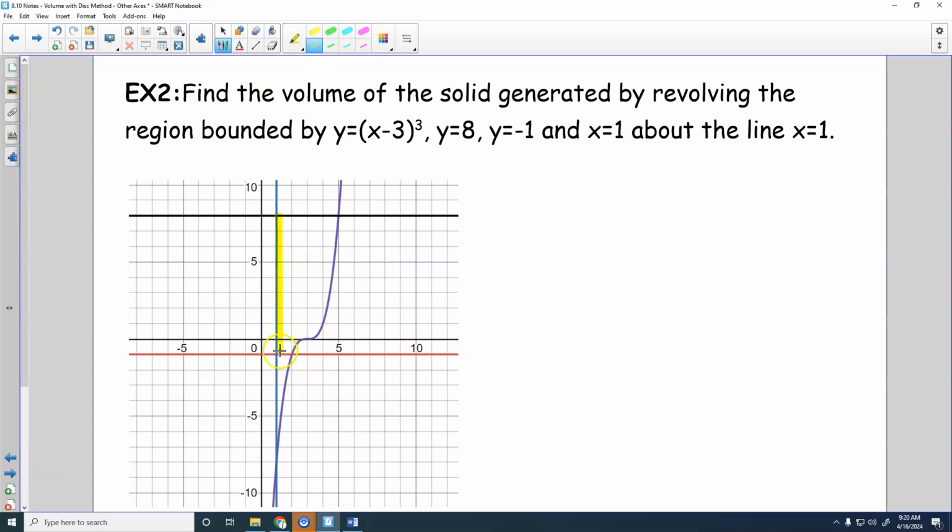We are looking at this area right here, and it is being rotated around x equals 1. This is x equals 1 right here.